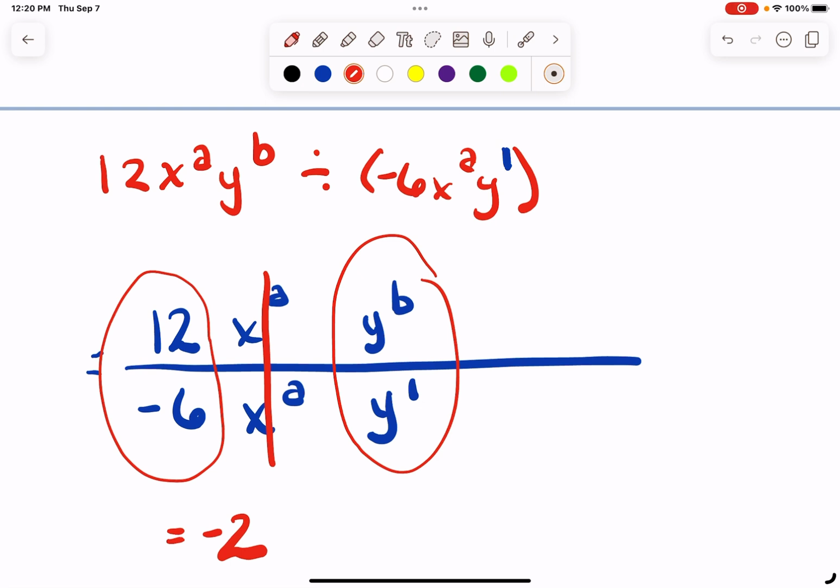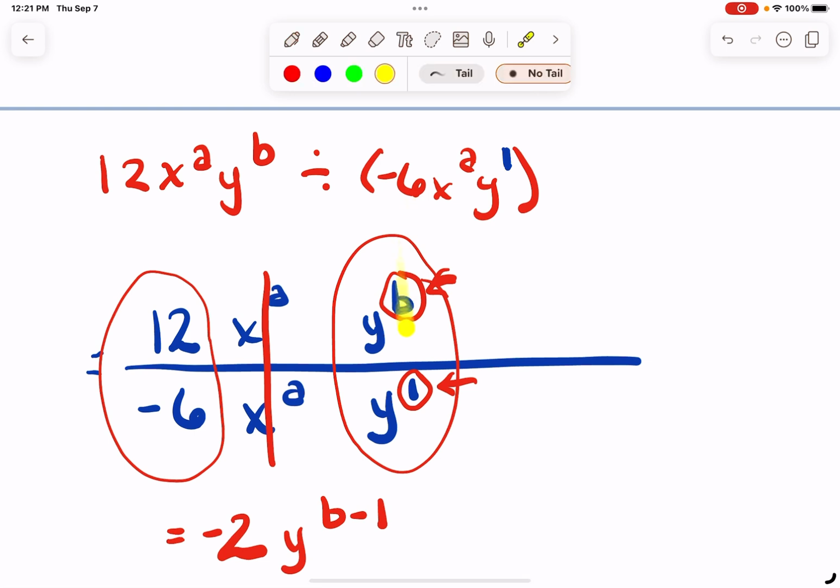But the bigger thing is, if I look at this, that top one is b and this is 1. So if you can't just cross them out, then all you'd need to do is write b - 1. So you just take the top number and subtract the bottom one. Now normally we like it much more when we can just cancel them, but in this case, when they don't give you any other choice, that's what's going on.